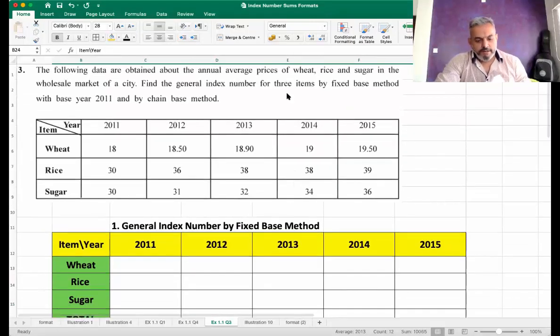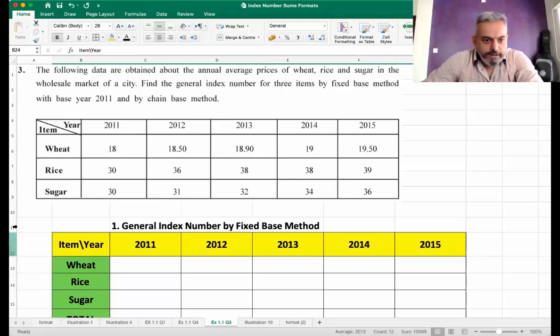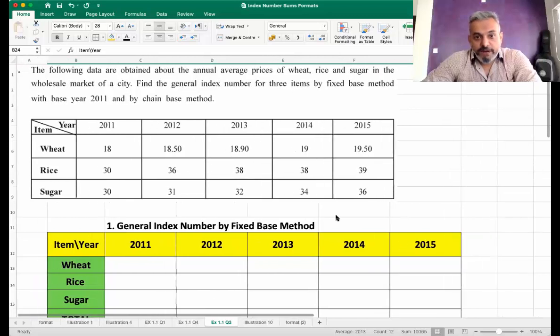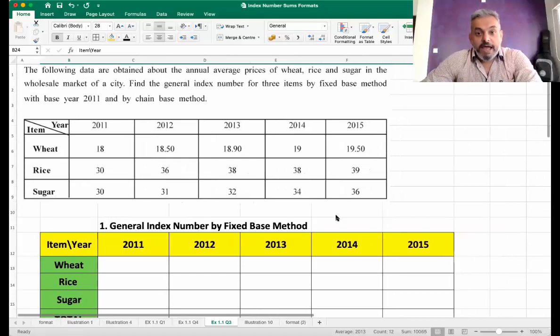Question number 3, page number, same page number 15. Now, let's read the question. The following data are obtained about the annual average price of wheat, rice and sugar in the wholesale market of a city.